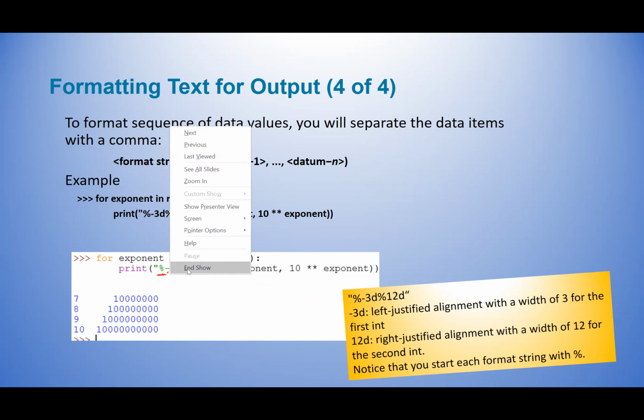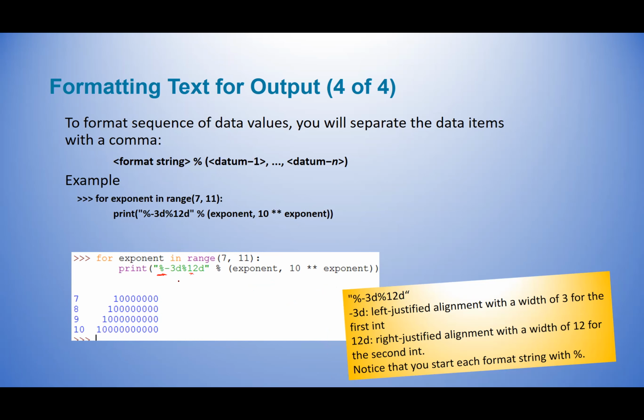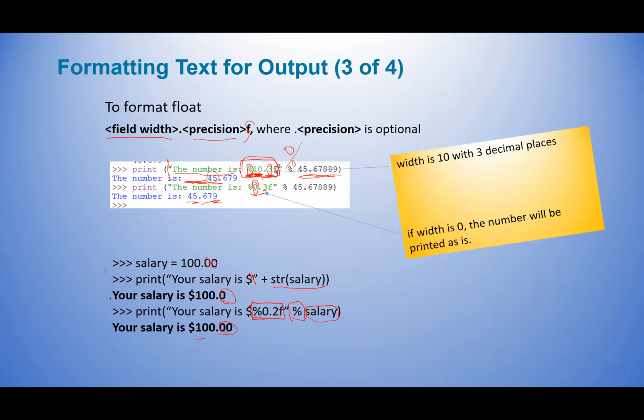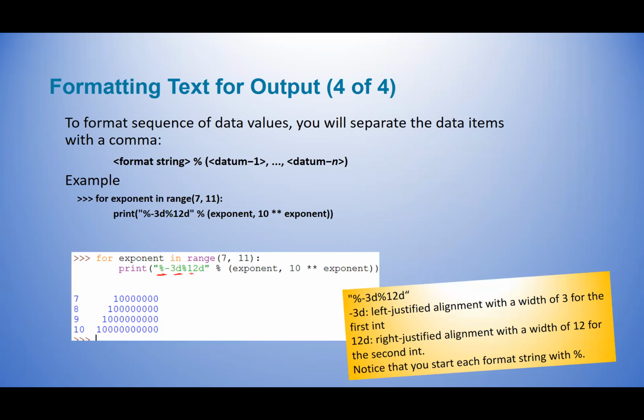Left justified, right justified. And you always have to specify the data type. And if you do a decimal place, you will use the dot. So with dot, number of decimal places, and put F there, which means it's a decimal number, a float. Any questions?